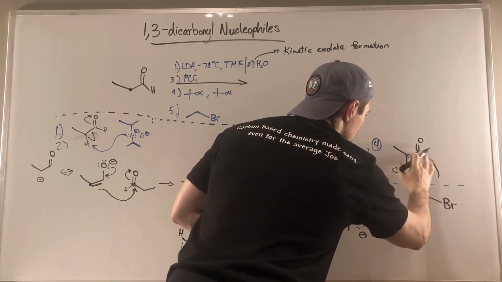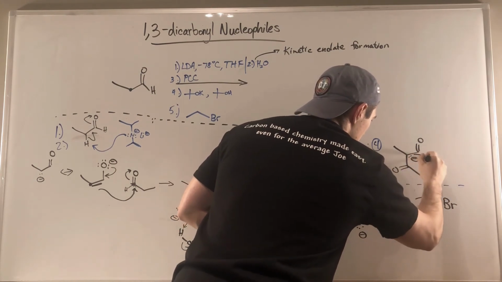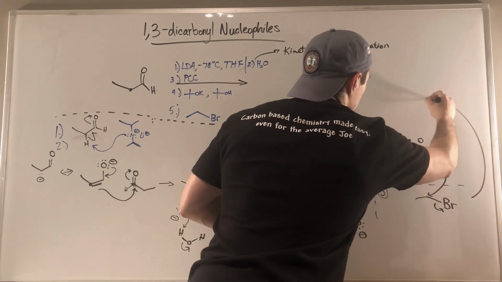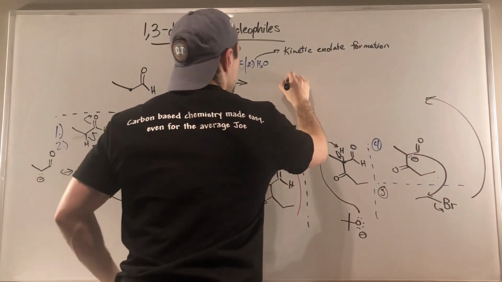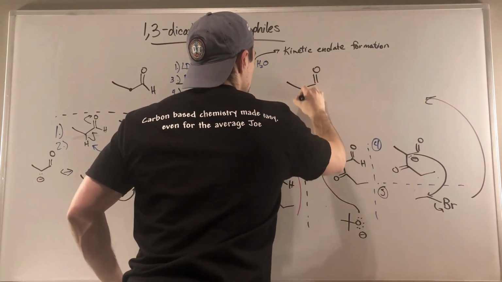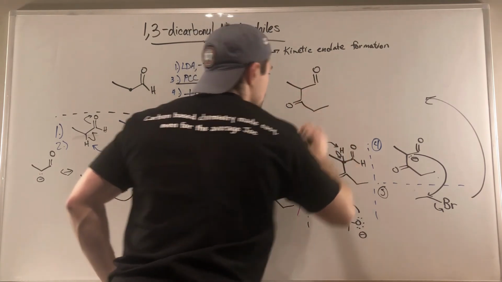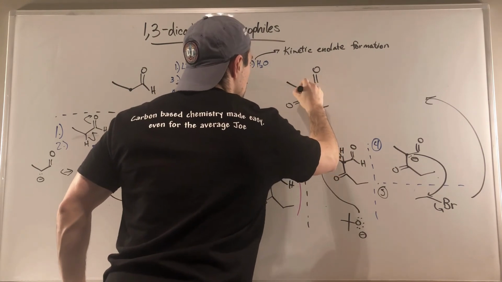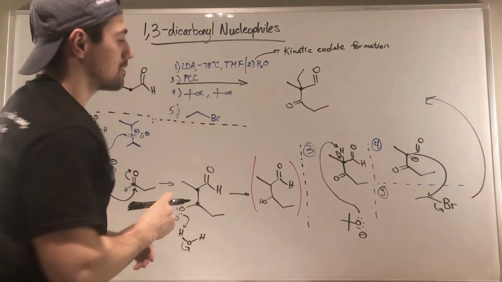Whoa, hold on, let me make sure I do this attack before the leaving group leaves. So I'm going to draw the result up here. And on this carbon, we have a new 2 carbons right there.